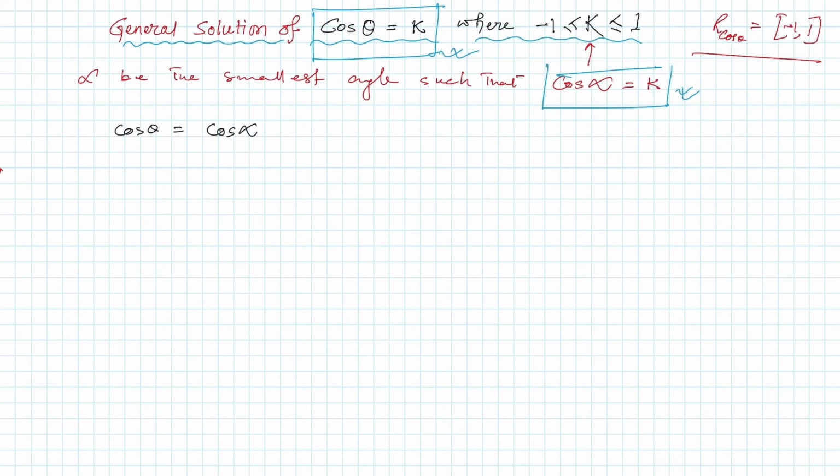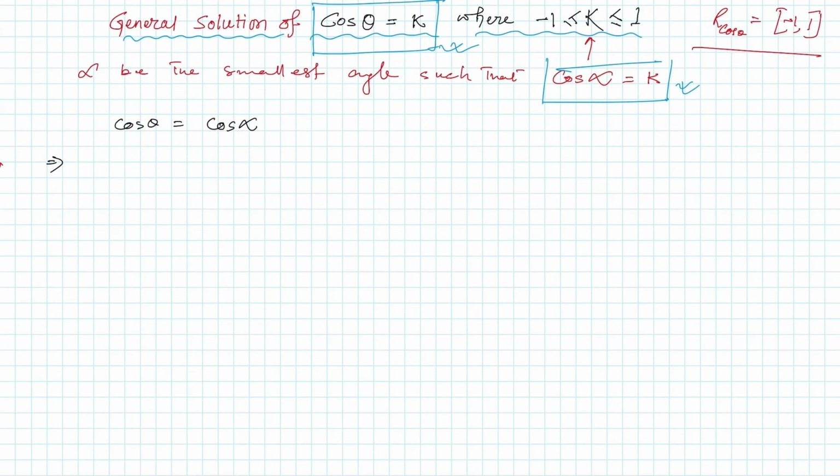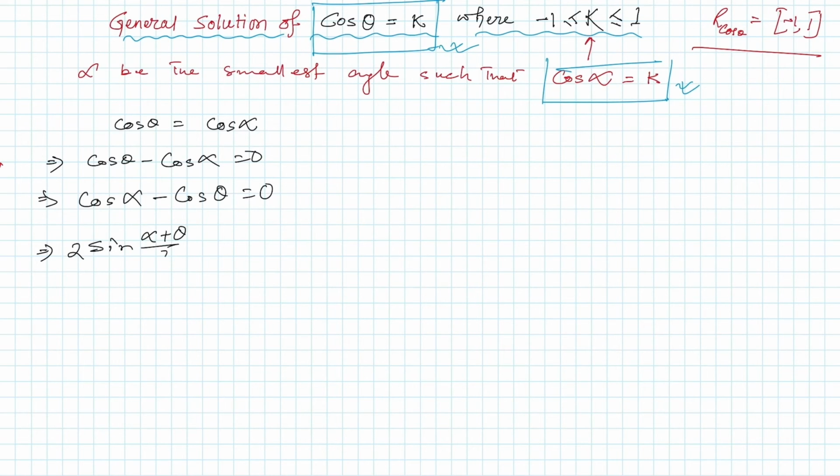So here you see, it implies cos theta minus cos alpha is equal to 0, or we can write cos alpha minus cos theta is equal to 0. Now let us apply the cos C minus cos D formula here, which gives 2 sine (alpha plus theta)/2 sine (theta minus alpha)/2, which is equal to 0.